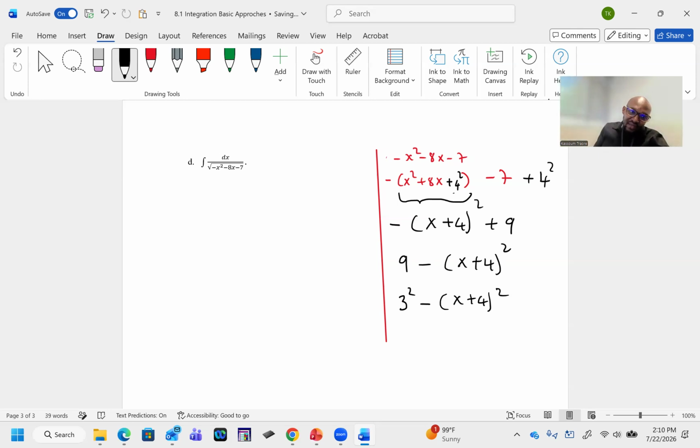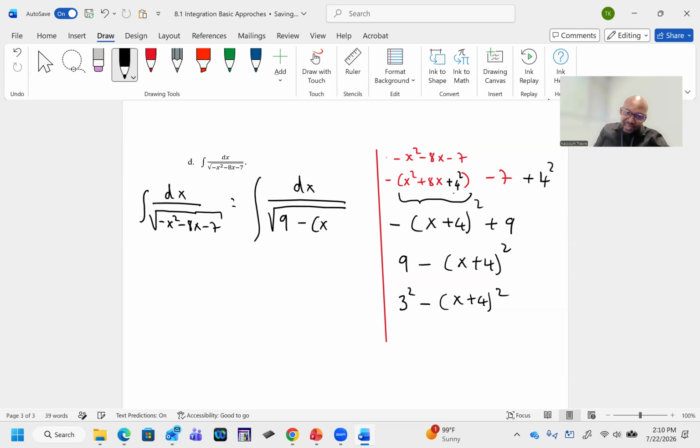So that's why if I'm asked to find this integral, which is dx over square root of negative x squared minus 8x minus 7, I can say this is the same thing as dx over square root of 9 minus x plus 4 squared, right?